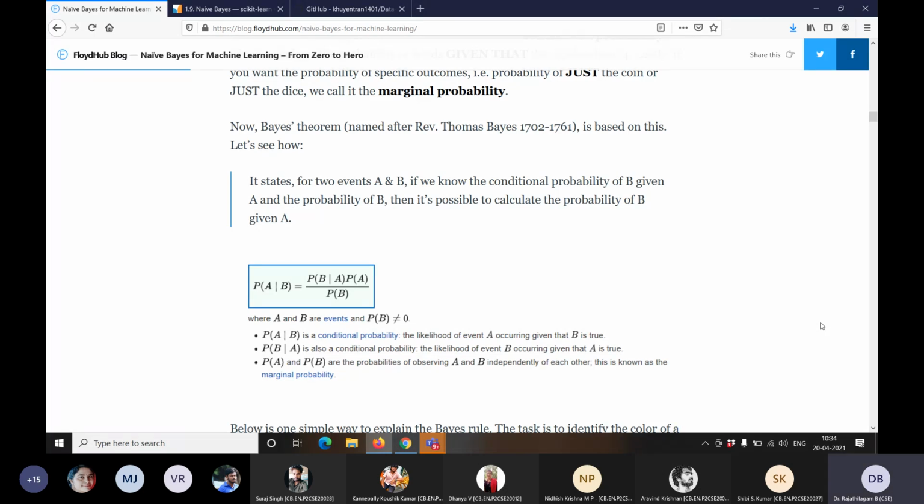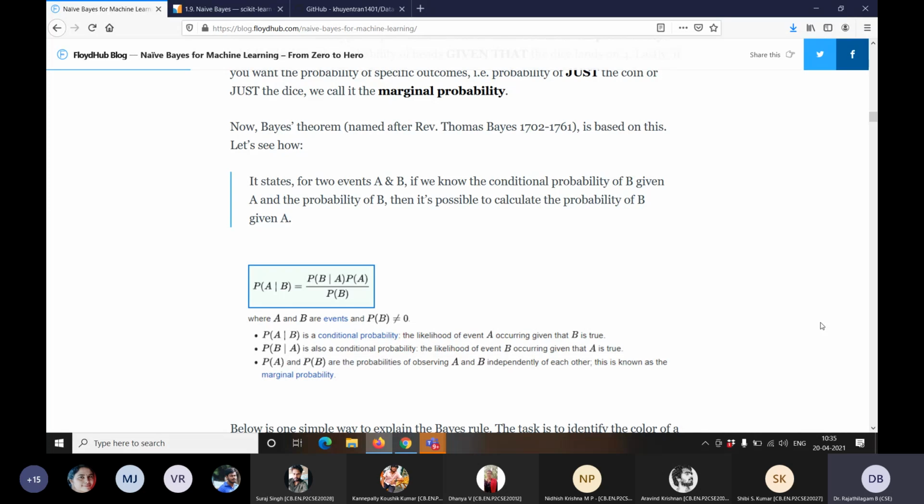Let us say the dice is thrown, which is event B. Coin flipping is event A. Now the coin flipping event, given that the dice is thrown, can be treated as probability of B given A into probability of A divided by probability of B. This is the Bayes theorem, and the naive Bayes classifier actually uses this formula.